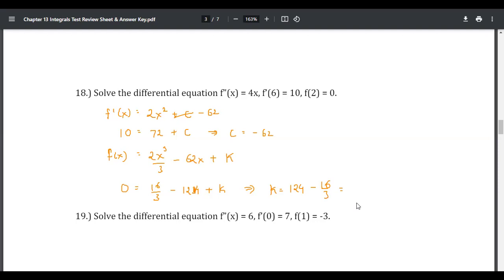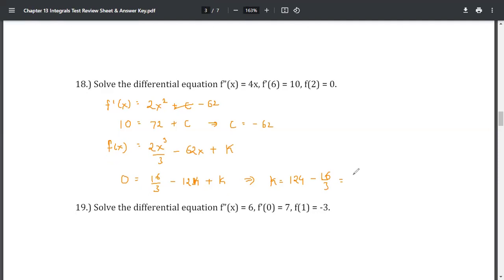That's going to equal 3 times 16. Am I turning this 16 over 3 into a whole number? That is not possible because 16 is not divisible by 3.